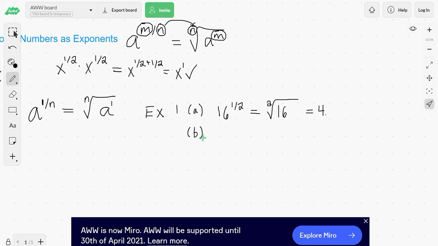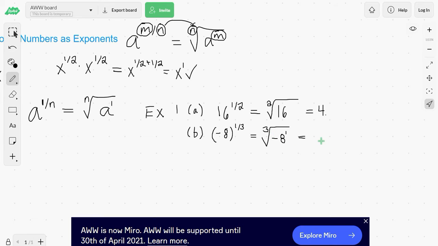Say we consider (-8) to the 1/3. Well, this will be the cube root. Again, that's our index because it's the denominator of the rational exponent. And then we take -8 to the first power inside.